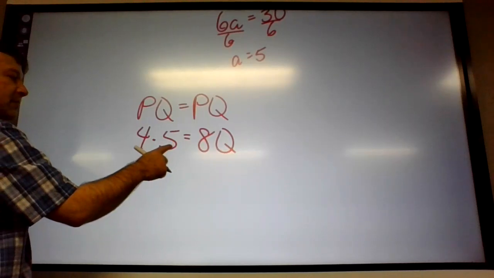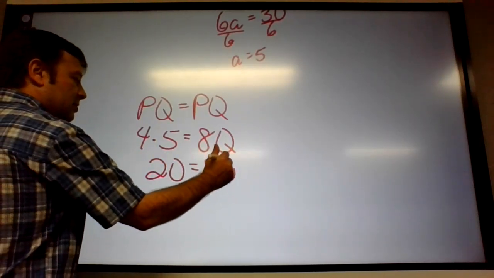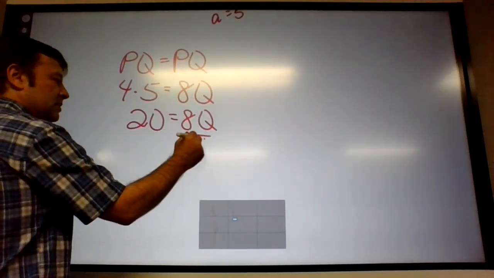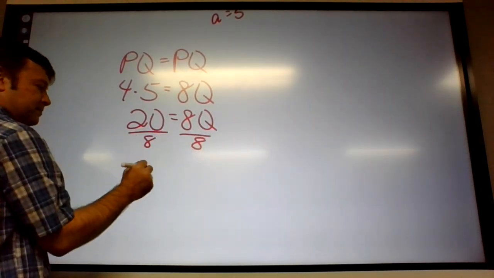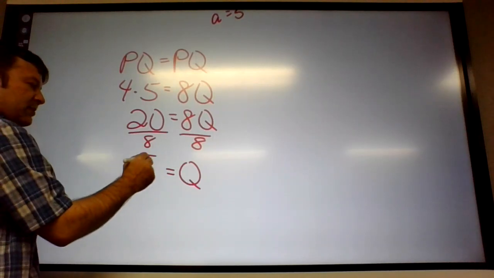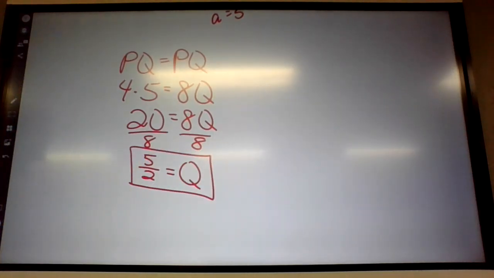Okay, so 4 times 5 is 20. What would we do to solve that for Q? Divide by 8. It doesn't divide really well, but I think 20 divided by 8 reduces to 5 halves. This is big Q.